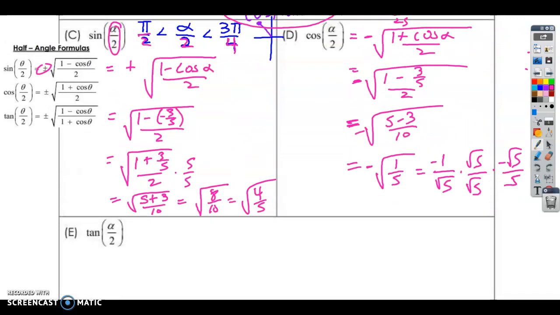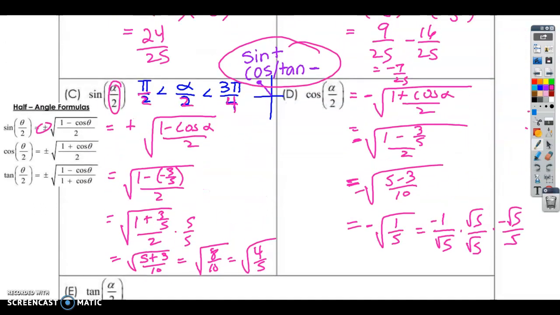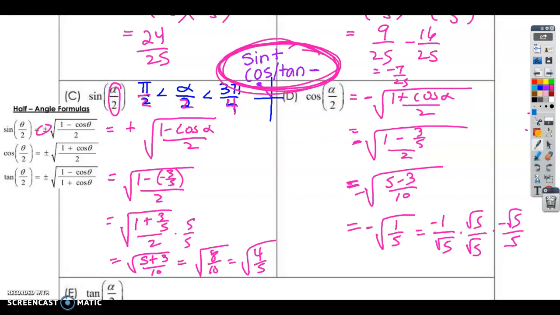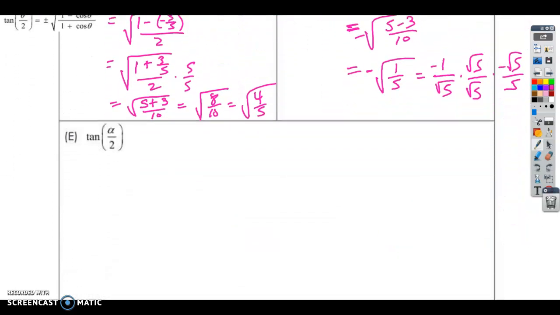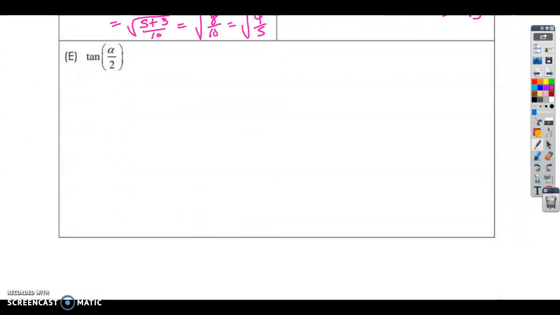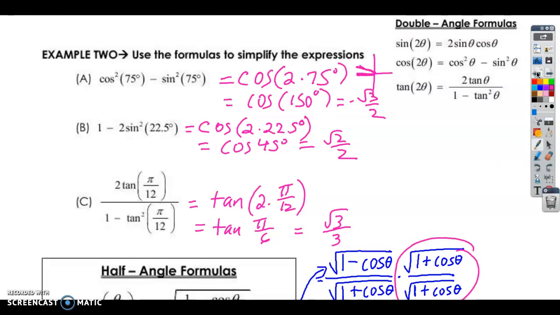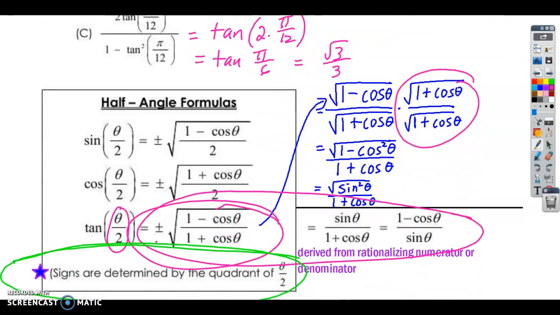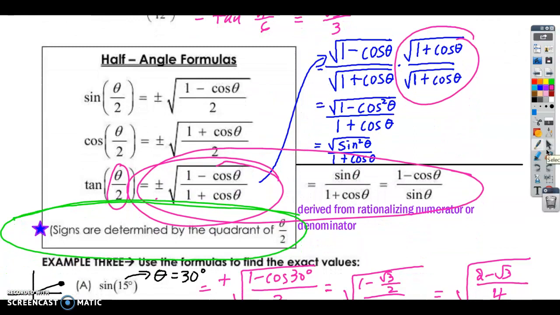Tangent. Okay, now the tangent, we've already figured out the tangent is negative in this quadrant here, right? If you choose to use, and there's 3 options, let me flip back and show you. See how we've got in black 3 options.